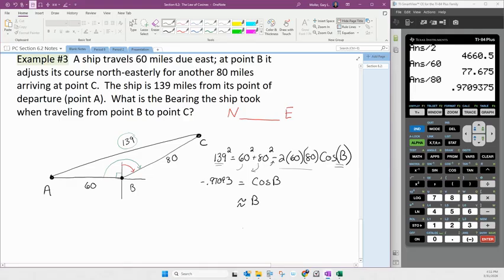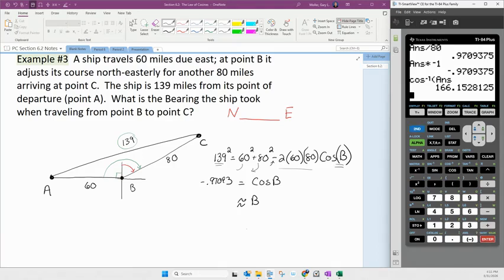So then therefore B is approximately equal to, now before I go ahead and do the cosine, I need to make sure I make this a negative number. So I could do one of two things. I could just hit the negative option or just multiply by -1. And then I'm going to take the arc cosine, so the inverse cosine of my answer, and I get approximately 166.1528.